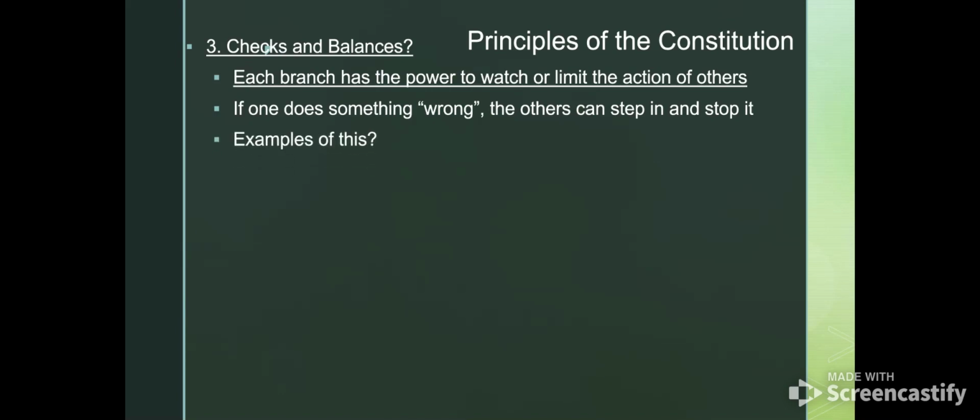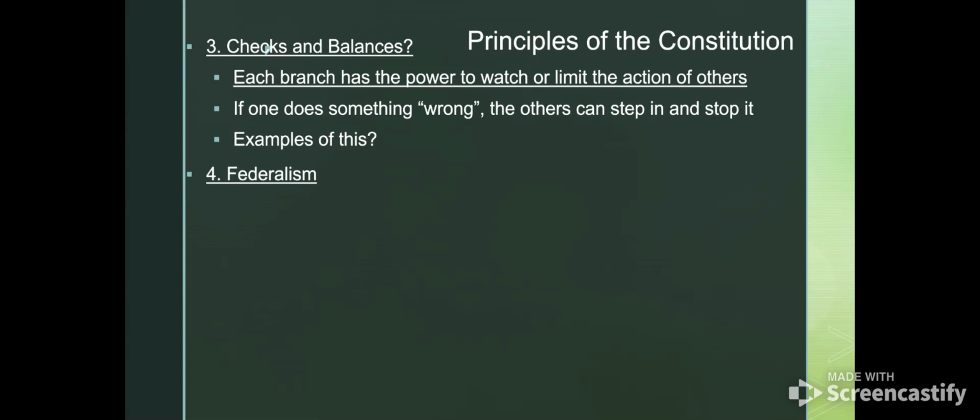The best example I could give for this is the executive branch. If the president does something illegal that he's not supposed to do, then the legislative branch, Congress, has the power to impeach him and attempt to remove the president from office. That's an example of checks and balances. There's others that we'll talk about later.